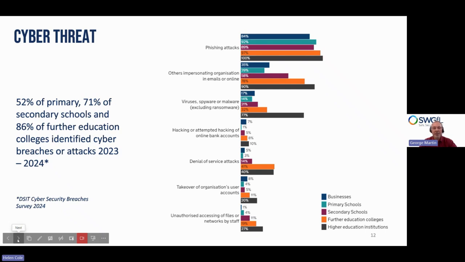I won't go through these figures in detail. If you haven't already looked at it, on the DCIT site in the Annex, there is an education report, and it goes into this information in a lot more detail. But suffice it to say, the numbers are demonstrating that education, schools, primary and secondaries, are under attack. Next slide, please, Helen.